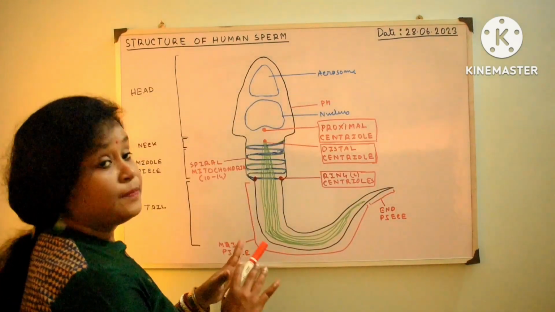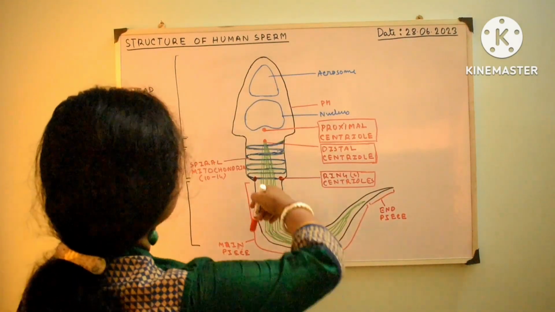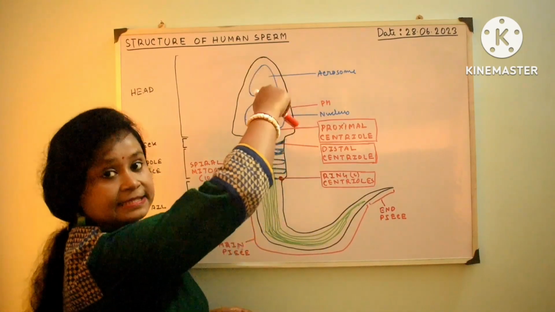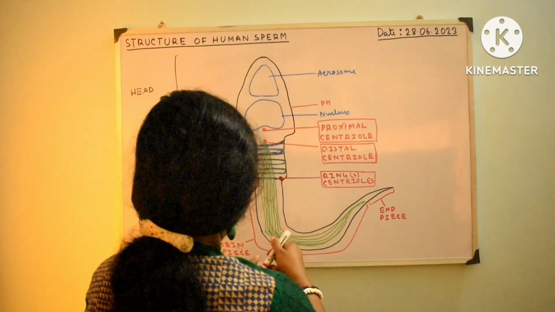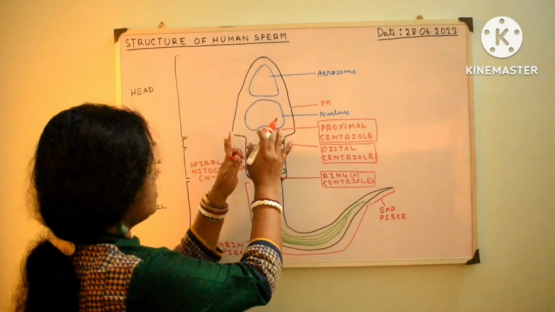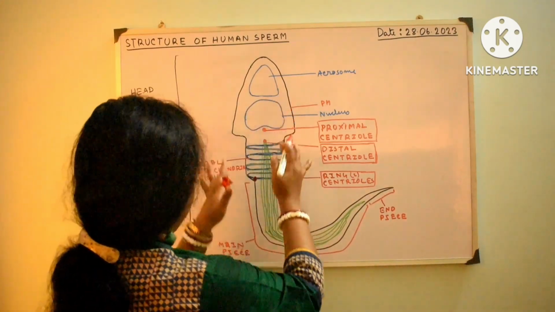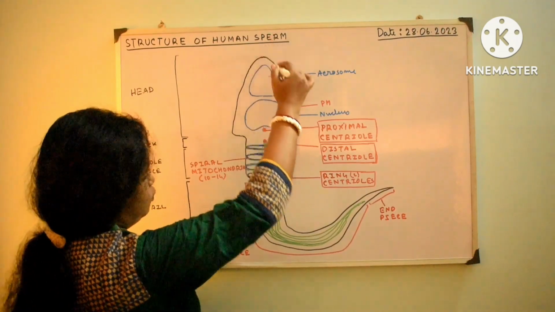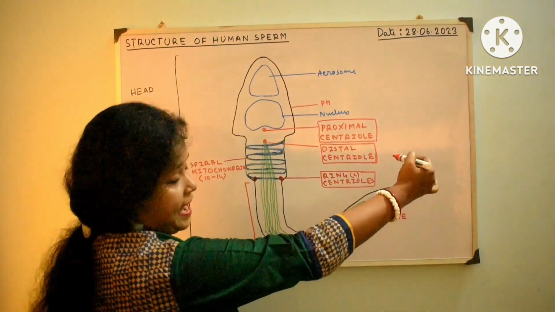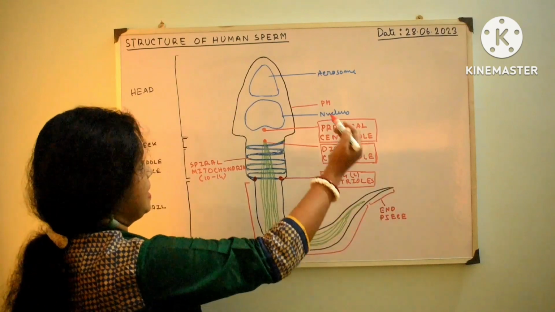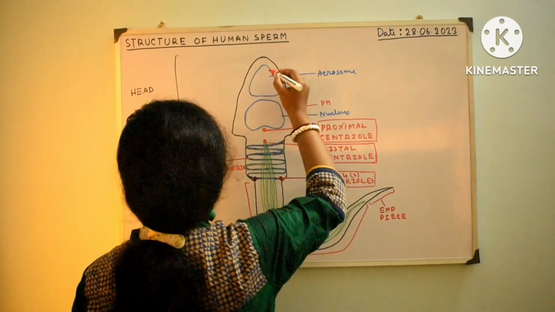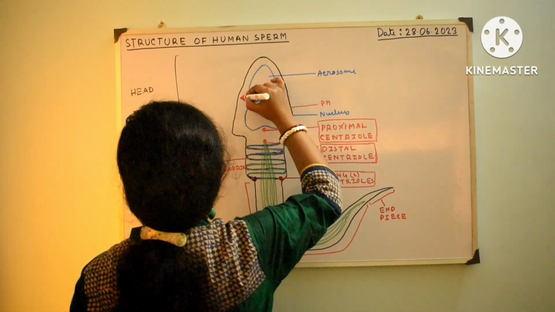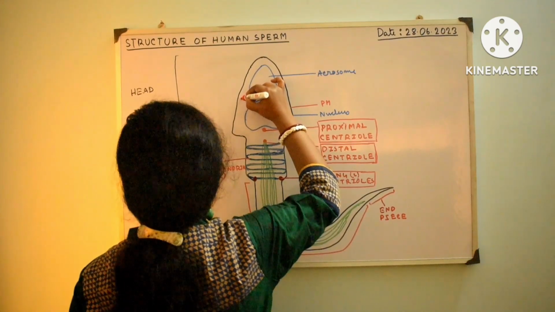Beside this plasma membrane, there is also a membrane on the inner side of it. But this one is not continuous like the plasma membrane, as the plasma membrane extends from the head portion to the extreme tail end. This portion has a gap. Let's draw.